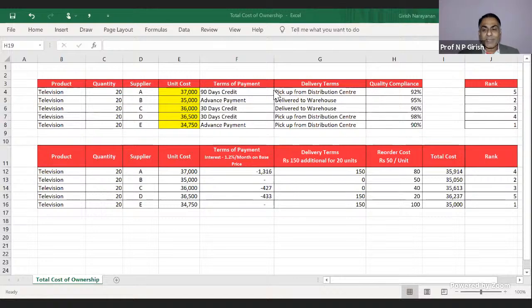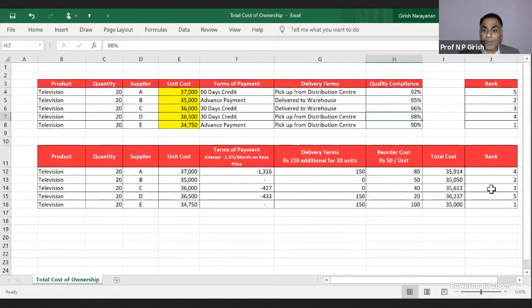And that makes a lot of sense. Only take a look at D. D is 36,237, possibly the highest in total cost of ownership, but they have the best compliance.